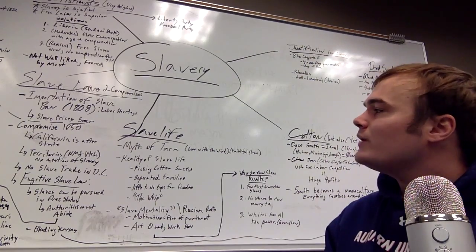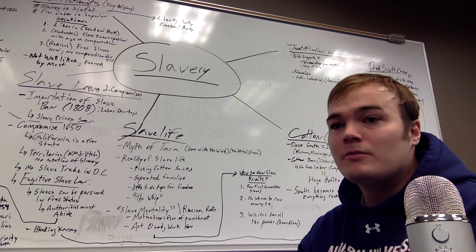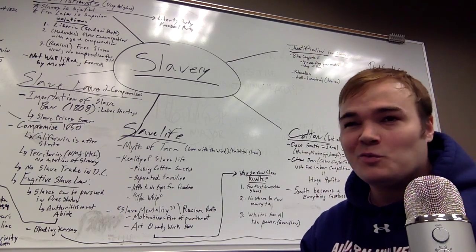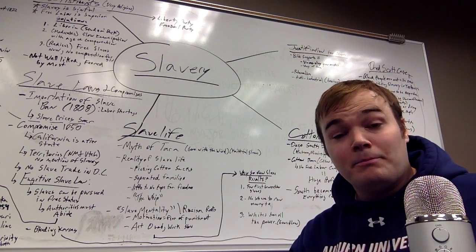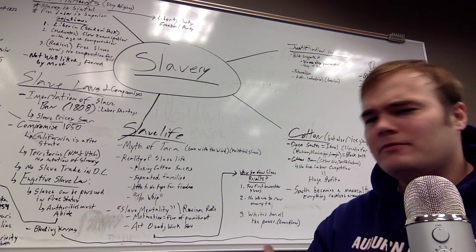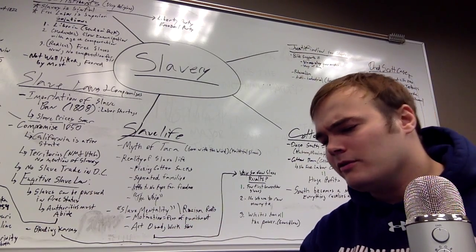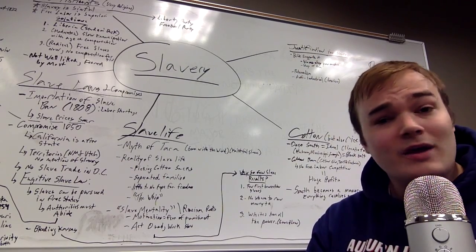All right, first of all, we have what's called the myth of Tara. Tara is from a movie called Gone with the Wind. I'm sure not everybody's seen it now. But basically Tara was this kind of idealistic plantation. Everybody's in big, beautiful gowns and there's balls and all this sort of stuff. But it also portrays slavery in a certain way where it's not really that bad.